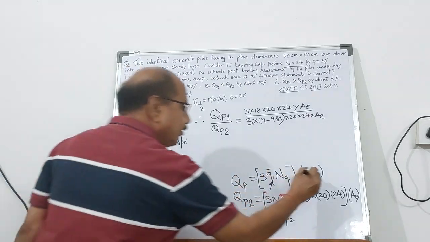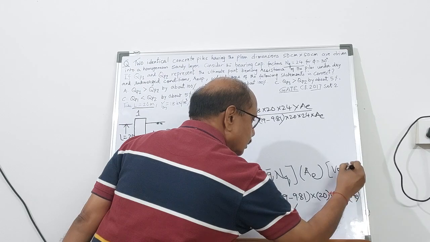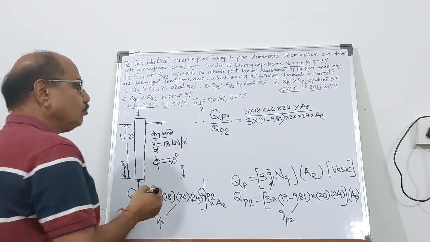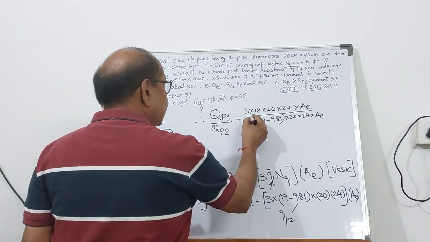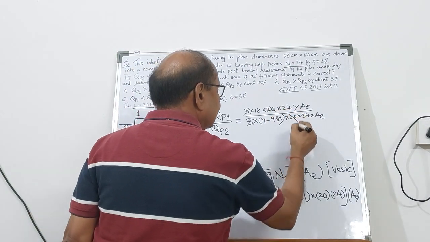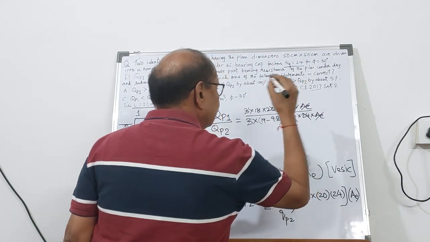This expression is given by basic principles, and popularly used in pile foundation. So you can just cancel: 3 gets cancelled, 20 goes out, 24 goes out, A goes out.